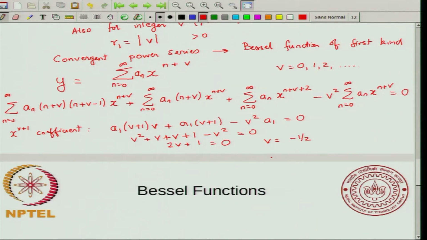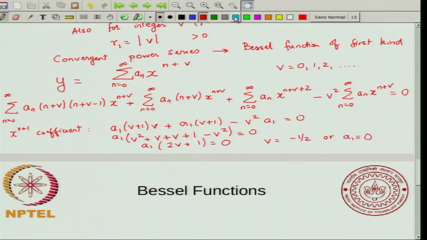Now you go back to this equation. Either v equals minus half, or a1 equals 0. Those are the two possibilities that you can get. Now, v equal to minus half is not the solution of interest. So basically you get a1 equal to 0.